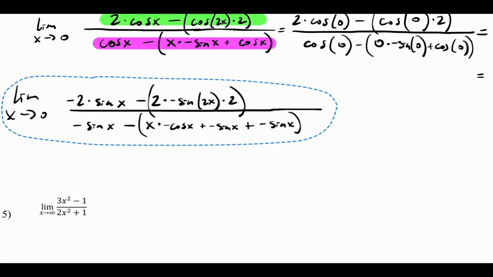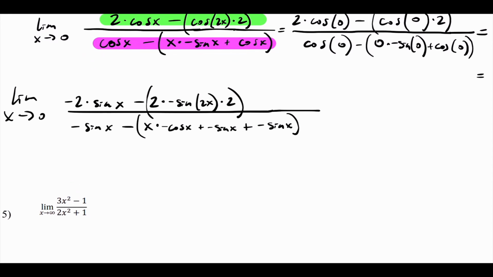So I'm gonna clean this up a little bit before I plug in 0. Negative 2 sine of x. Then I have two negatives here where I'm going to cancel out and make a 4 plus 4 sine of 2x. Okay.